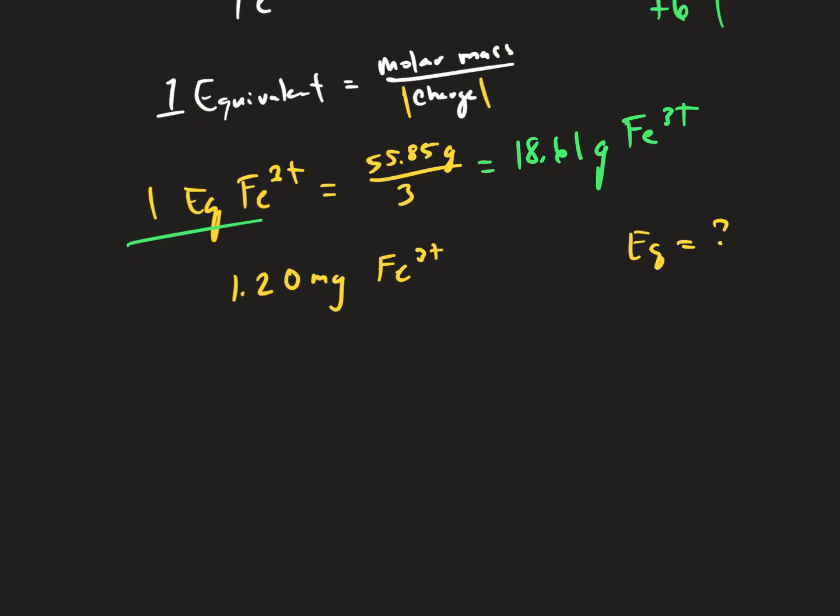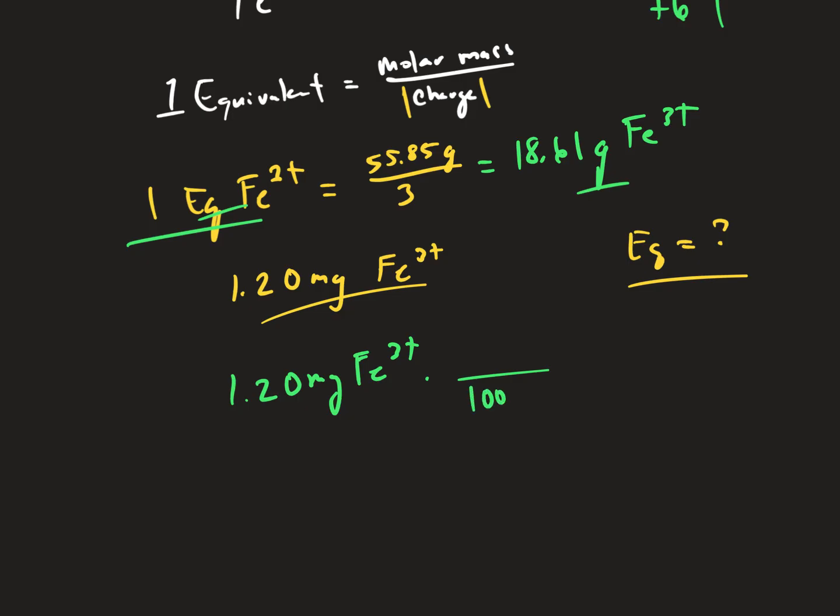Can we do this? We know what we're looking for, and we know what we know. We should always start with what we know. 1.20 milligrams of iron 3 plus. What are we going to convert to? Grams, because we know grams per equivalent, right?